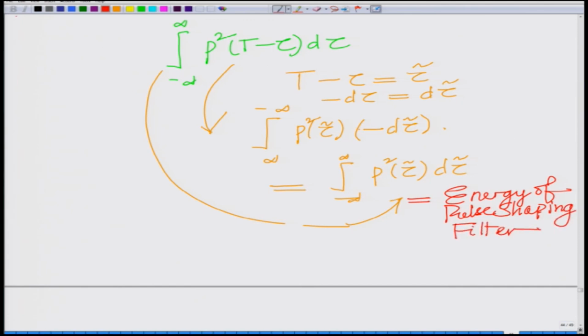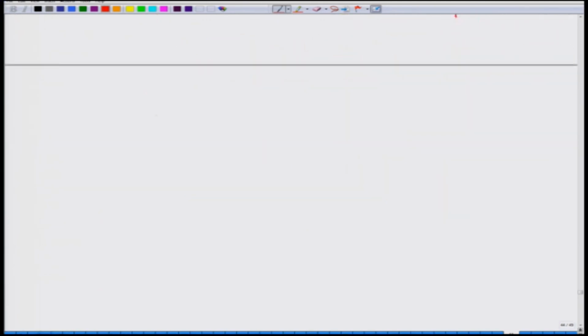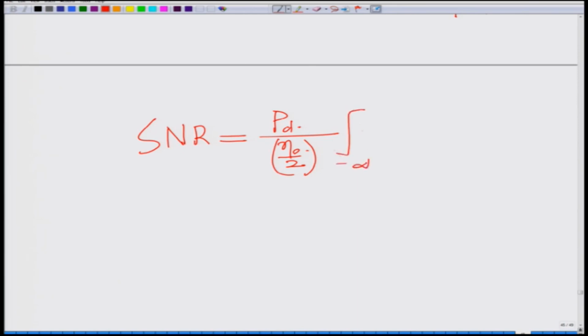This is the energy of the pulse shaping filter, and therefore the maximum SNR for a matched filter equals P_D, where P_D is the power of the data symbols, divided by eta naught by 2 times the integral from minus infinity to infinity of magnitude h(tau) square. I can generalize this.